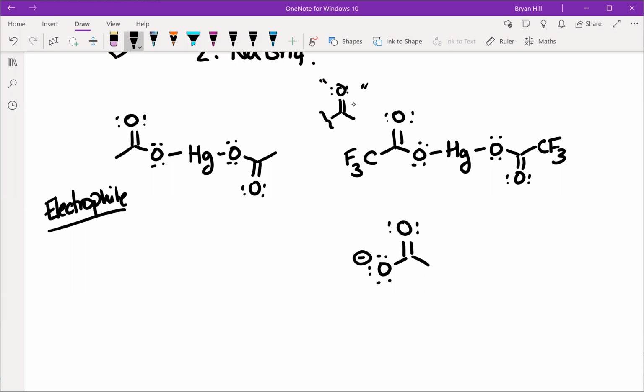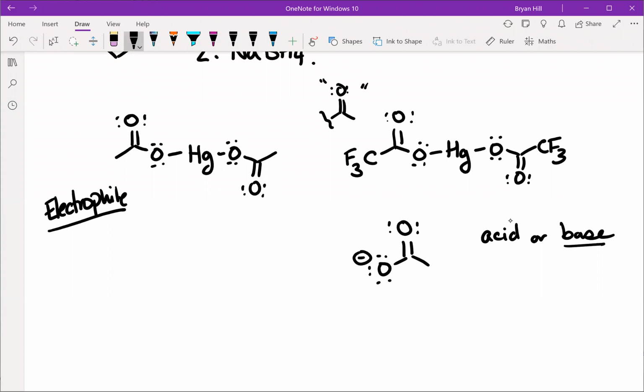We saw this a little bit when we were doing substitution reactions. Okay, let me ask this another way. If you had to classify this as an acid or a base, you would classify this as a base.